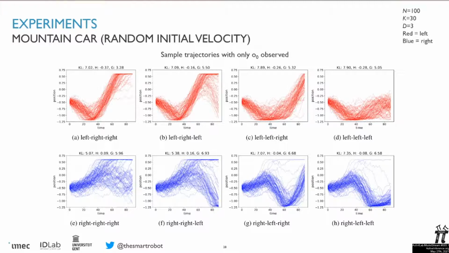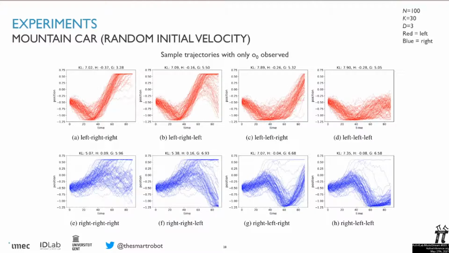And also, this initial velocity might render previously infeasible policies feasible, as you can see at the bottom, because now if the agent thinks, yes, my initial velocity is high enough, even with one of the more suboptimal policies, it might still be possible for me to reach the top.